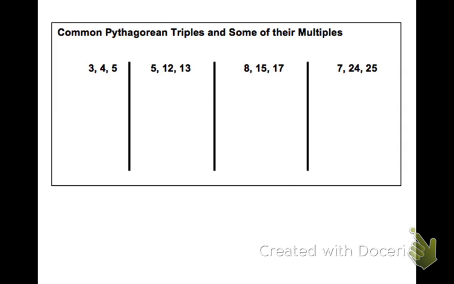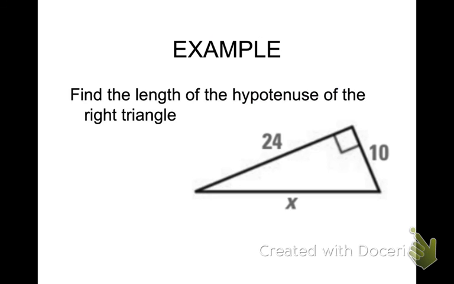All right, so let's do this last example here. Find the length of the hypotenuse of the right triangle. Let's see if we can recognize what Pythagorean triple it would be. Since x is the hypotenuse, it has to be the largest side. If I reduce, what can I take out of both 10 and 24?